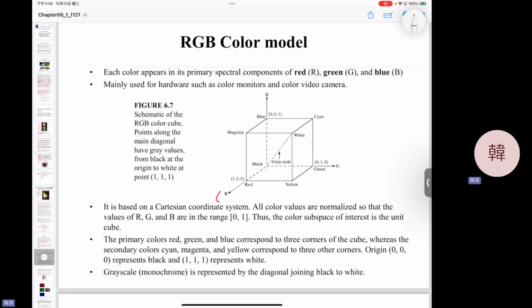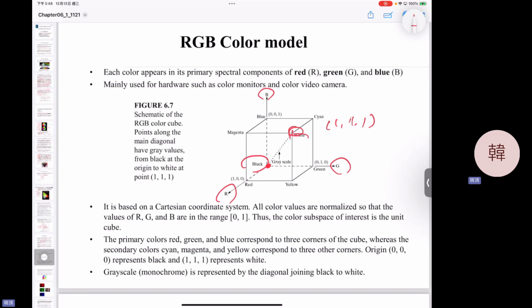You can see RGB in this 3D, very easy to look at. If we add them up together, this should be white, because red, blue, and green add up together. So here 1, 1, 1 is the white color. 0, 0, 0 here is black.